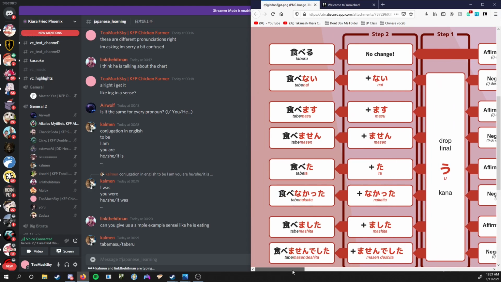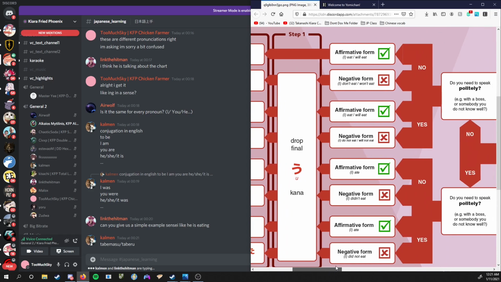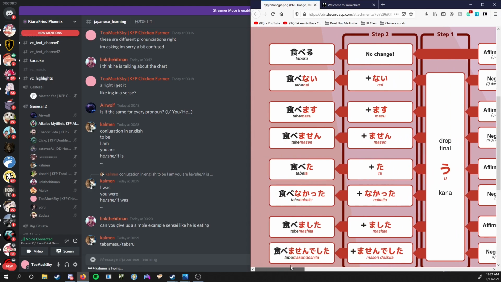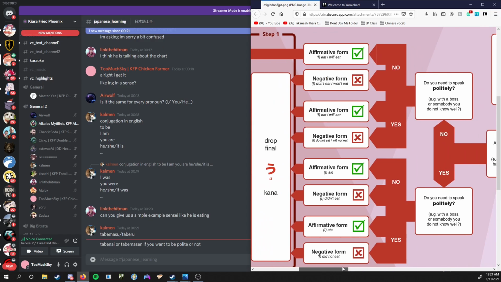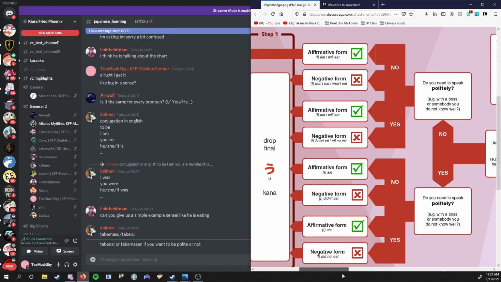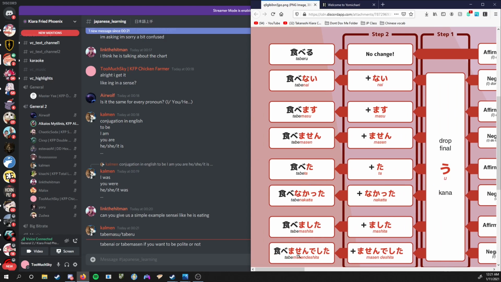When it comes to the polite form, one of the really nice and convenient things about the polite form is that it's easy to conjugate in both the godan and ichidan forms. Because, dropper verbs, ichidan, you drop it, you add the ending, you're done.